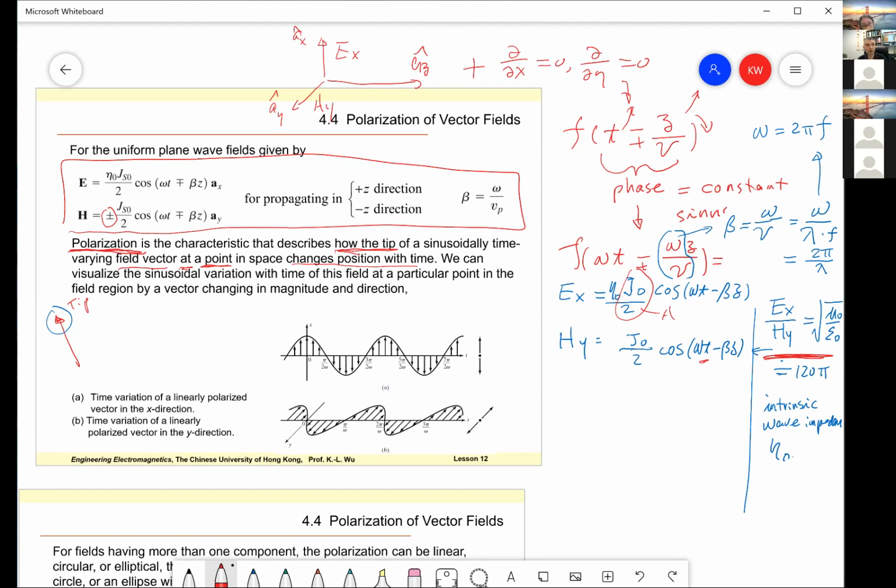How that changes with time. So in this case, when we describe the electric field, this tip is important.